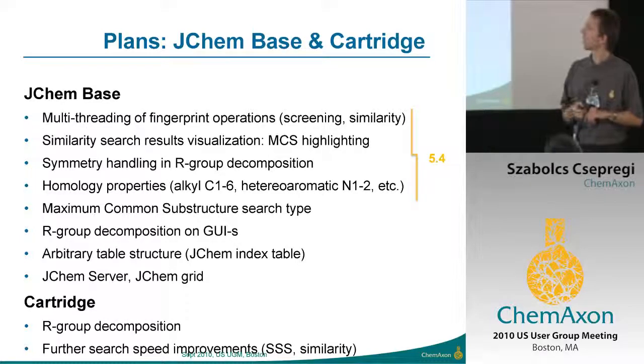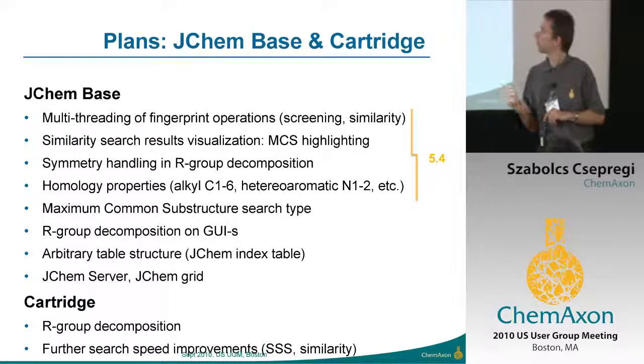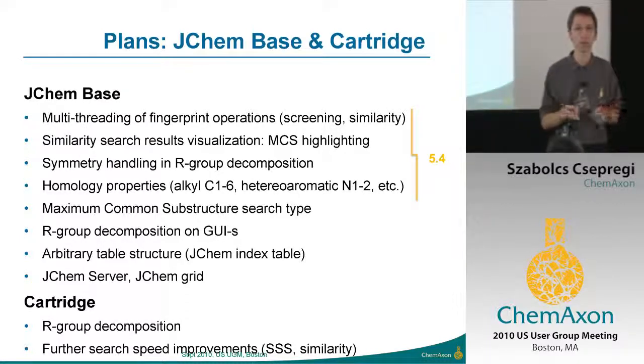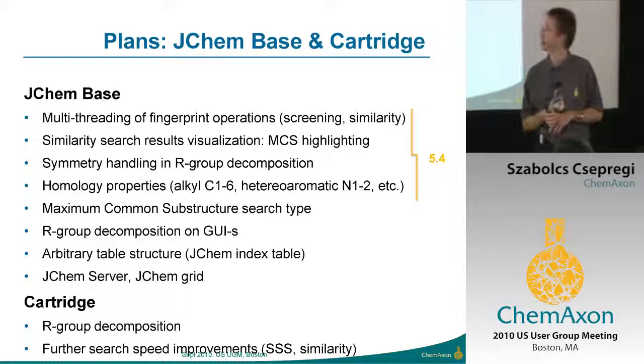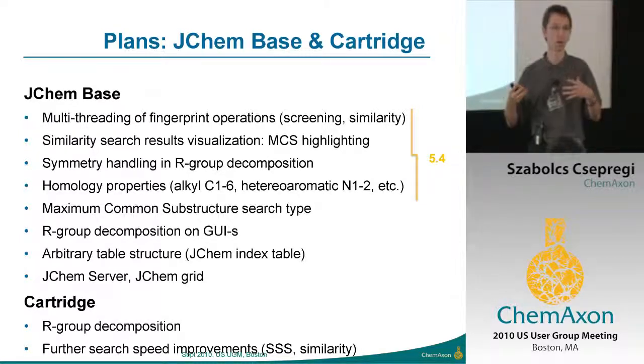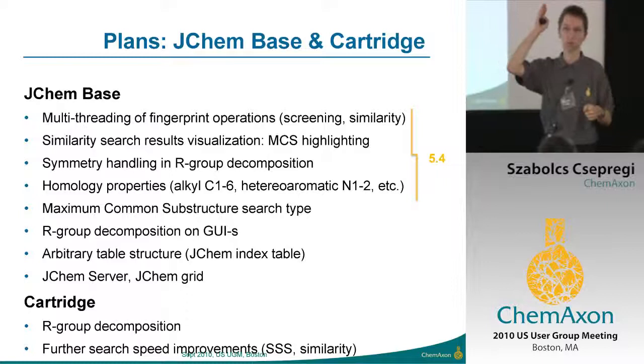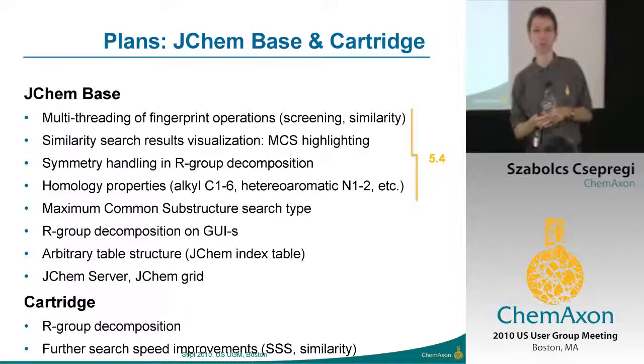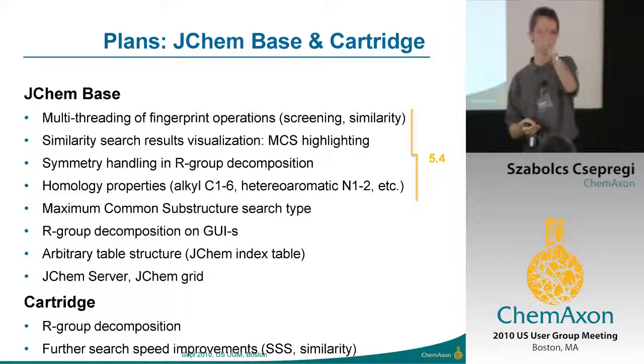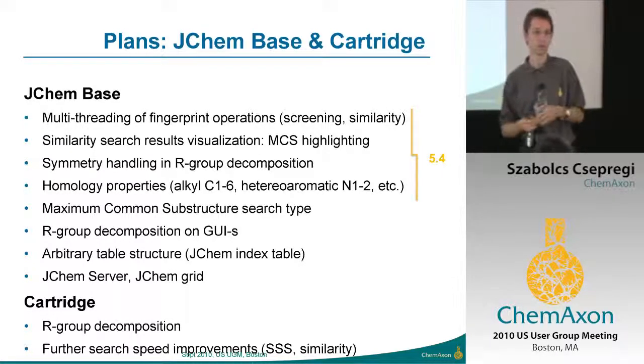In R group decomposition, we have added a new method to handle symmetrical scaffolds. It means that the R table which is created is much more logical, so that for example, the non-hydrogen substituent will always be matched to the first R group and things like that.